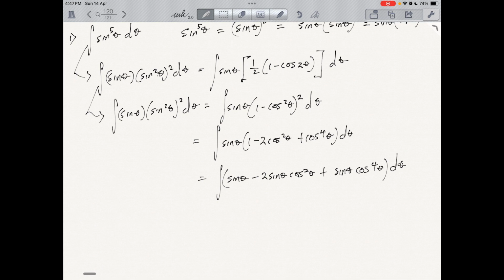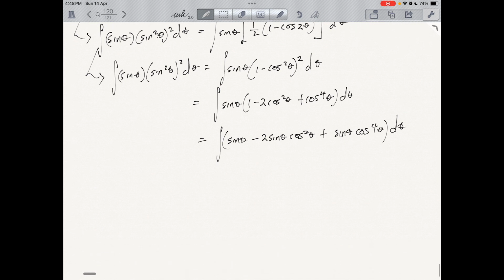Now, how do we go about solving this? Remember that when we were solving integration with algebraic substitution, we can integrate this by making a substitution of u is equal to cos theta, and likewise here, making a substitution of u is equal to cos theta.